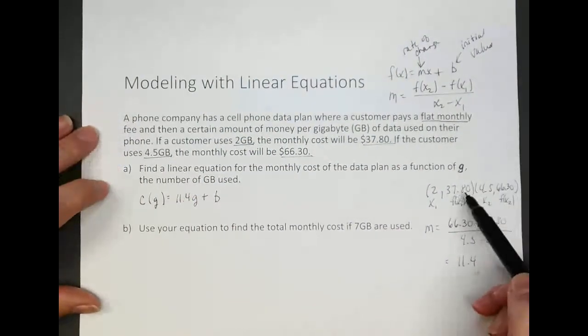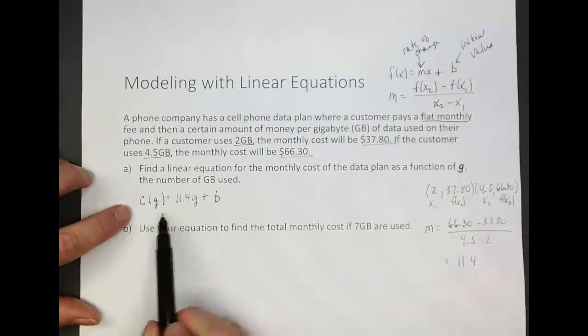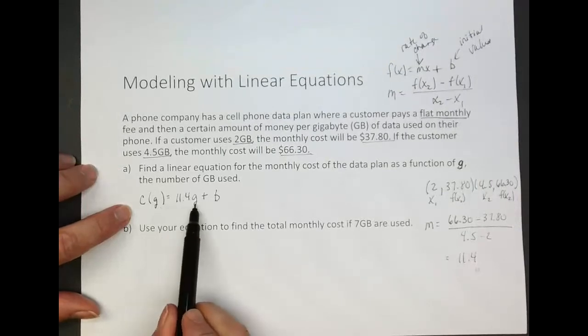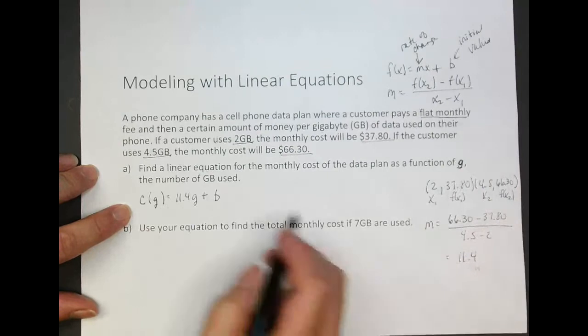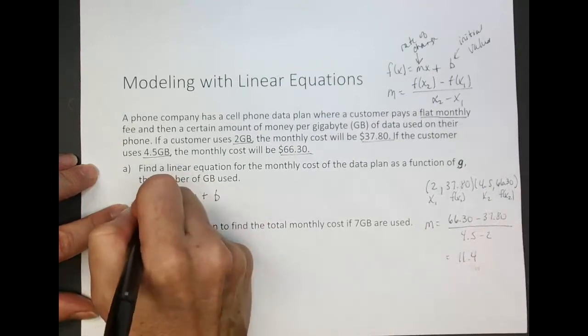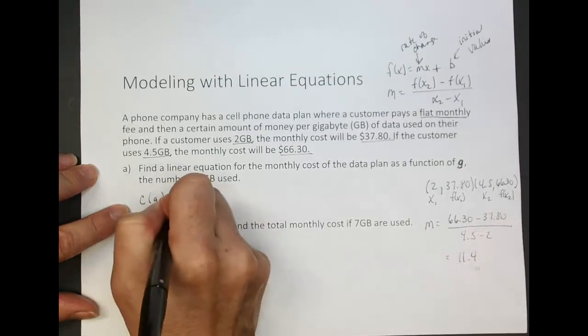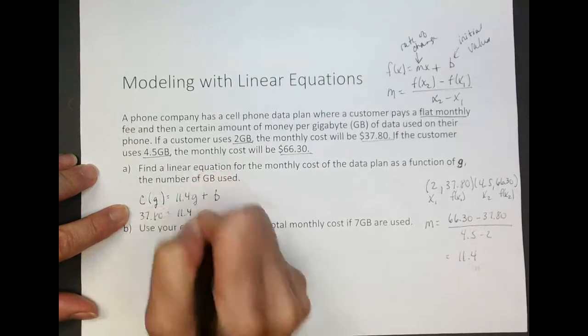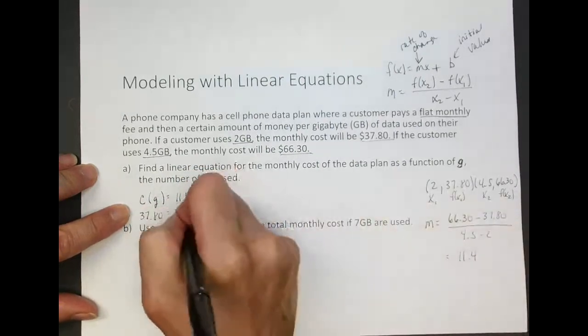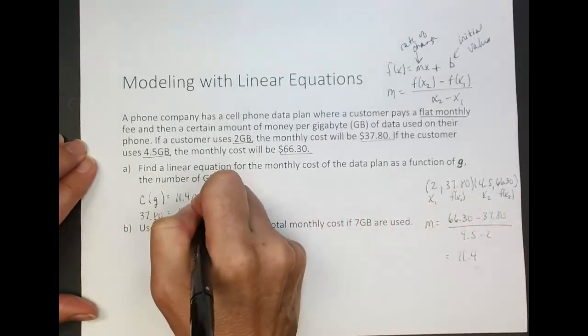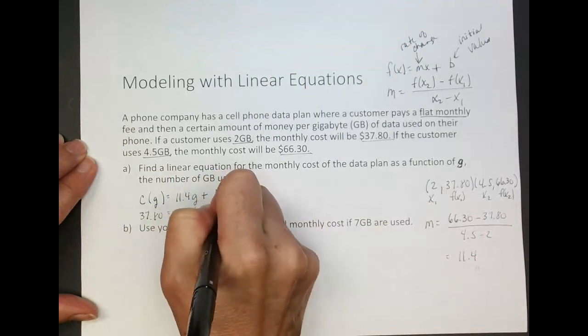Well, how might we do that? We'll just use one of these ordered pairs that I know satisfies this equation, plug those values in, and solve for b. Okay, I'll just use that first ordered pair. I know that a cost of $37.80 results from using 2 gigabytes of data, so that'd be 11.4 times 2 plus b.